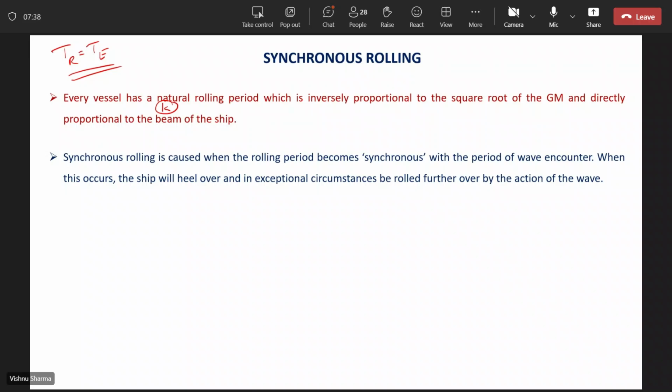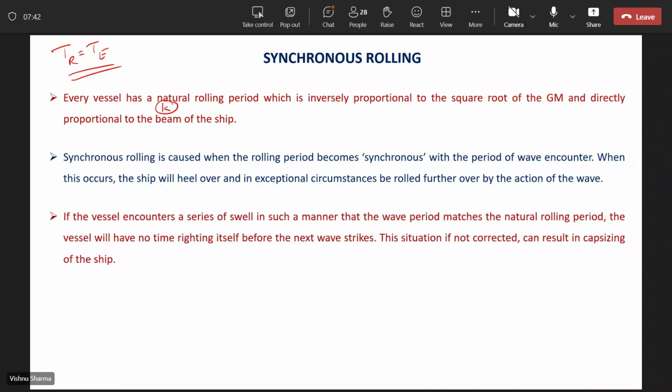So the amplitude will increase. If the vessel encounters a series of swell in such a manner that the wave period matches the natural rolling period, the vessel will have no time to right itself before the next wave strikes. This situation, if not corrected, can result in capsizing of the ship.